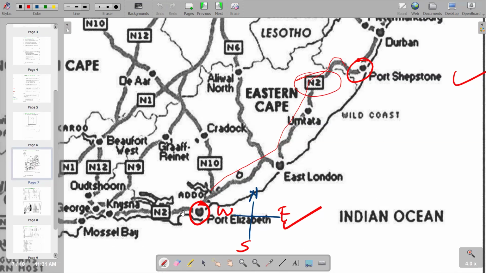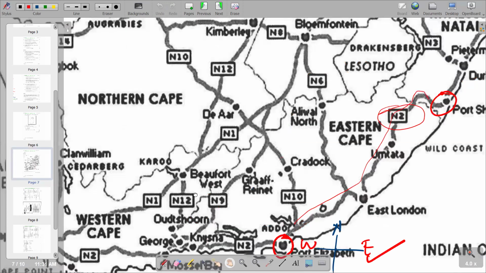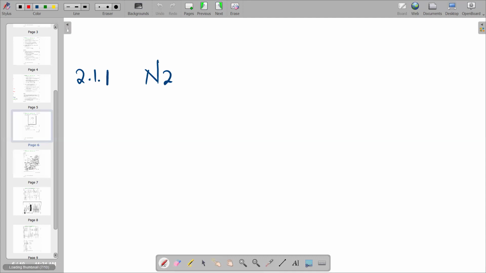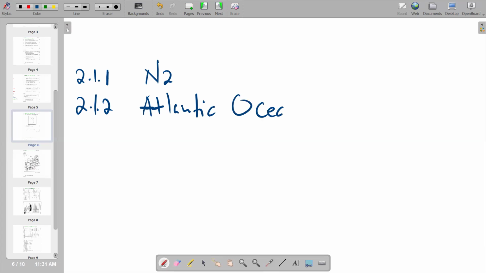So in the west we have the Atlantic Ocean here. So we have Atlantic Ocean as our response to 2.1.2.